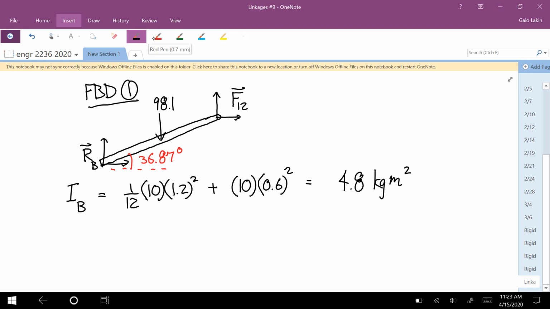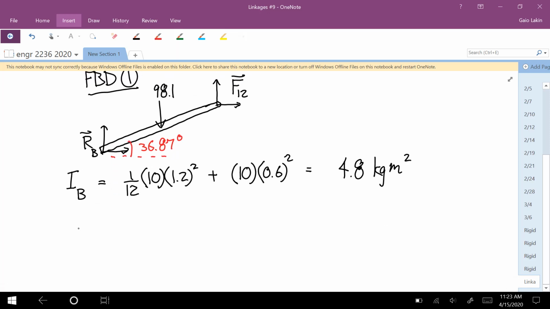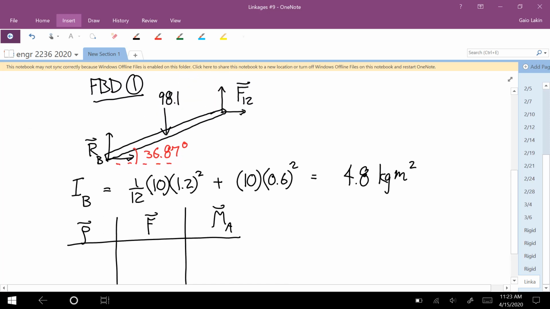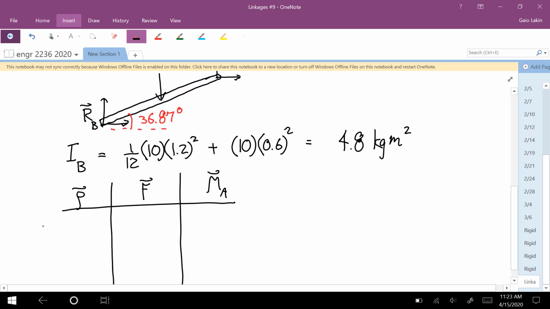I already did the free body diagram, so now I can write out this table of rho, force, and moment. Okay, well, let's start with RB. That's at the about point.